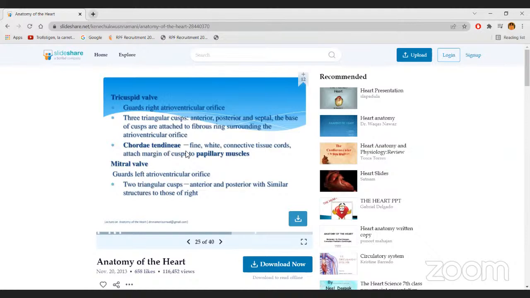The chordae tendineae are white connective tissue cords attached to the margins of the cusps and to the papillary muscles. The mitral valve, the left atrioventricular valve, has two triangular cusps, anterior and posterior, with similar structure to those of the right.